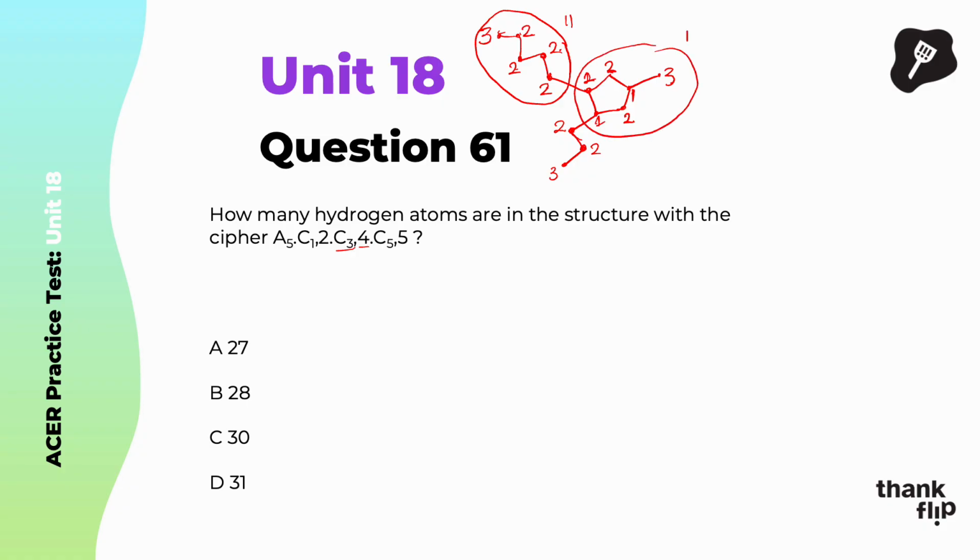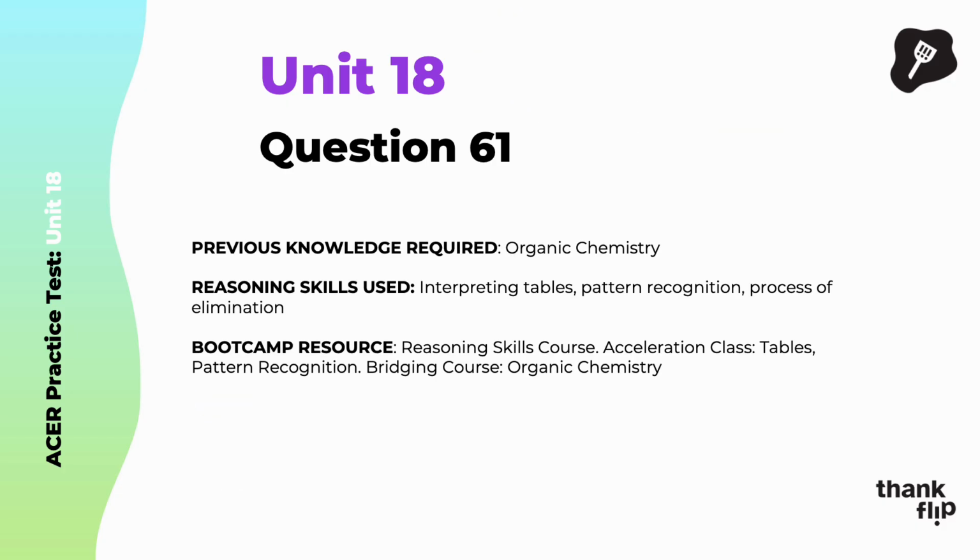So we have 10 here. And then over here, we have 7. Just adding these up, we get 28 hydrogens in this structure. And so the answer that matches here is B. And for this question, it's exactly the same as the previous question.